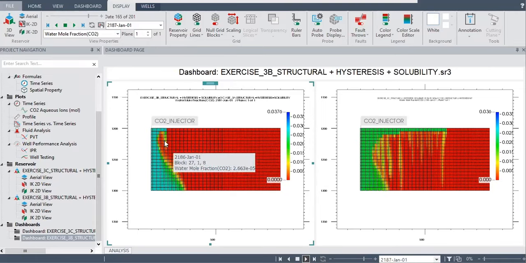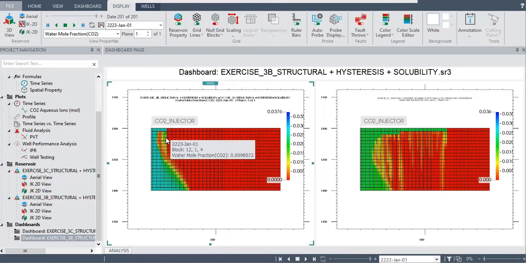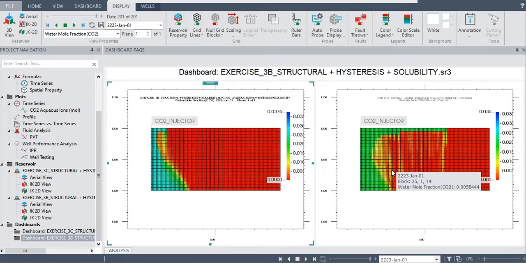But indeed, we have convection here, where the CO2 saturated brine, due to being heavier, goes down. But it is much more clear here in this infinite case. Okay, so that's very interesting, and I think that's all.